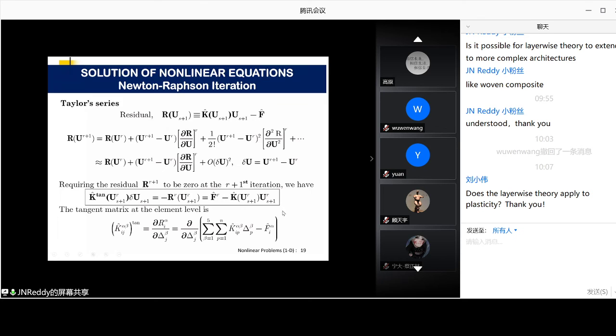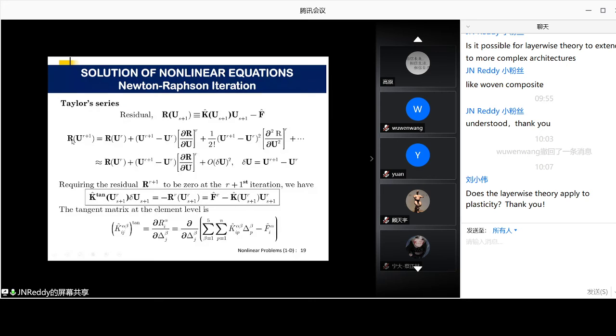Okay, the next iterative technique is called Newton's method. Before we discuss Raphson, Newton's method is based on expanding in Taylor series. So KU minus F is called a residual. If you look at the equation, the residual would depend upon the unknown U at R plus 1. So now we say we will expand this function in terms of the known solution from the previous iteration.